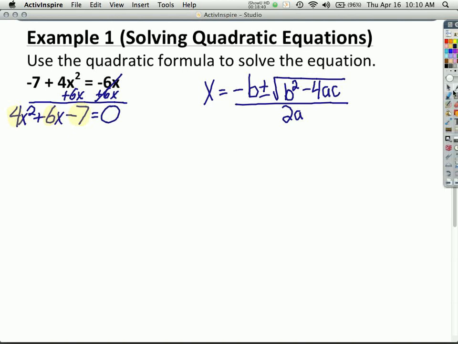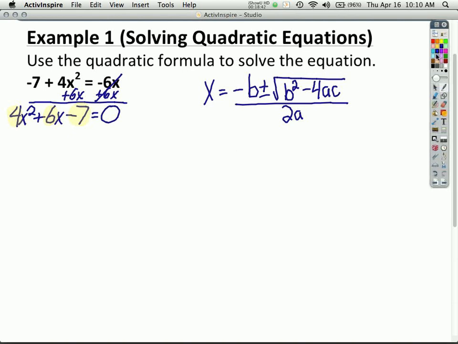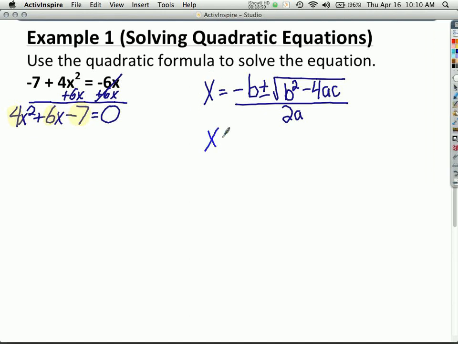So now we take the values for A, B, and C and plug them in. And then we crank it out. Do not forget to put the x equals, because that's what we're doing. We're trying to find x values. X equals negative b, or the opposite of b. Negative 6 plus or minus the square root of, and make a big square root symbol.